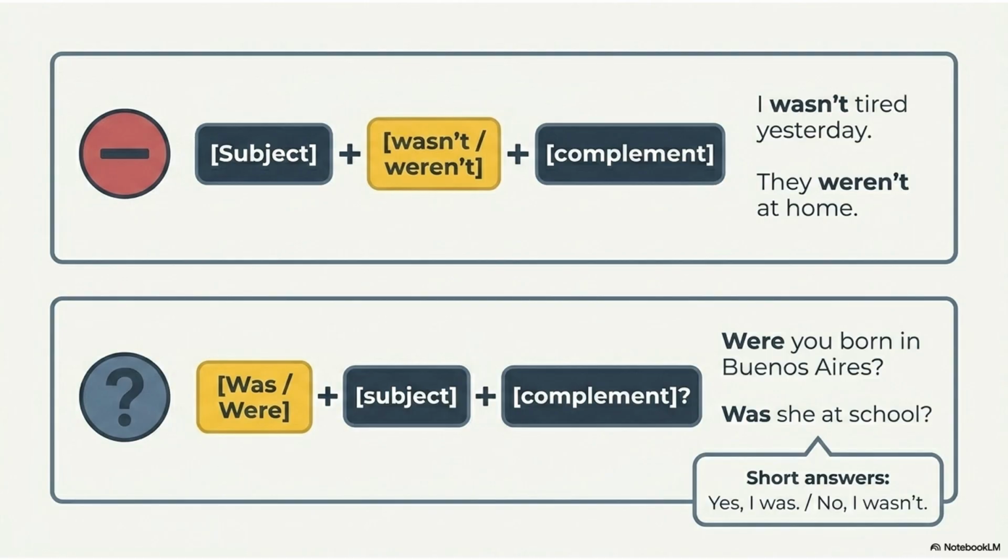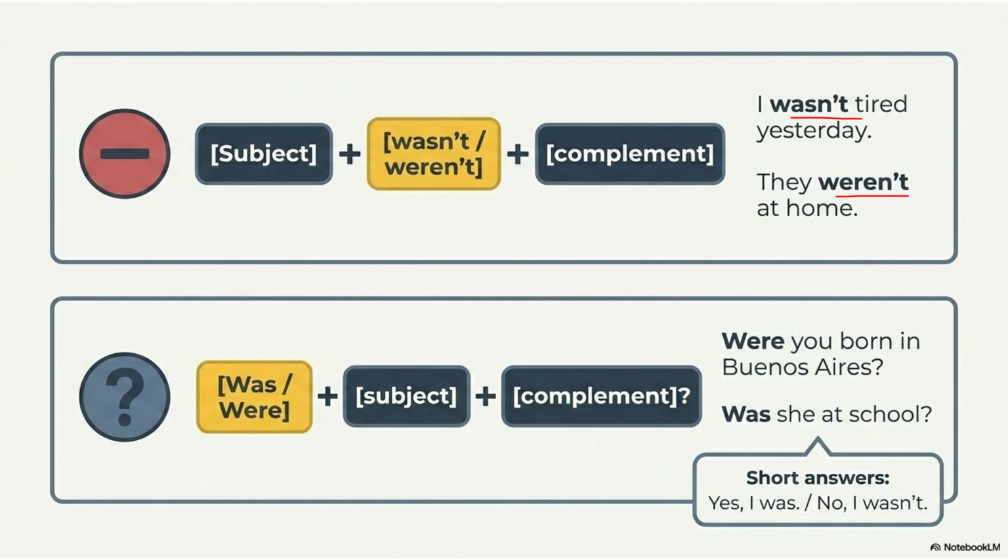We have also the negative structure, wasn't and weren't, which are the contraction of was not and were not. For that, we use the subject, wasn't or weren't, plus the complement. I wasn't tired yesterday. They weren't at home. We can also use was and were for questions. Were you born in Buenos Aires?